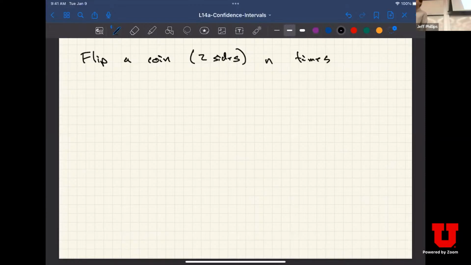I'm going to label the sides 1 or 0, and so these flips are going to be F1, F2, up to Fn, right? These are the flips I'm going to do. I haven't done these flips yet, so I'm thinking about this process. It's going to give me either a 0 or a 1, and those are the only possible outcomes. I assume these are IID flips.